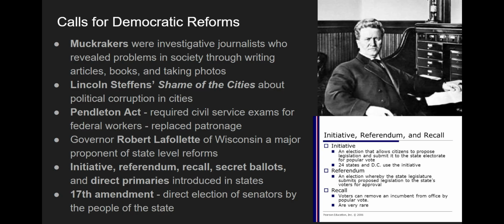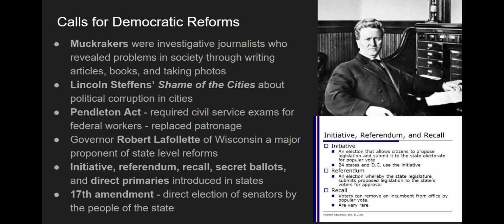There are several different reforms. I don't know if you would need to know all the specifics of these necessarily on the test, but you would need to know that altogether, their goal is to increase the power of the people and to get rid of corruption in state and local government.